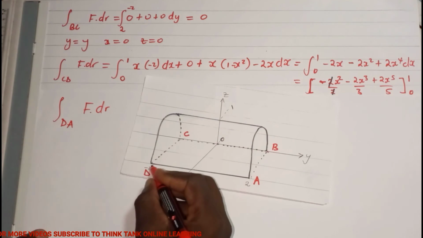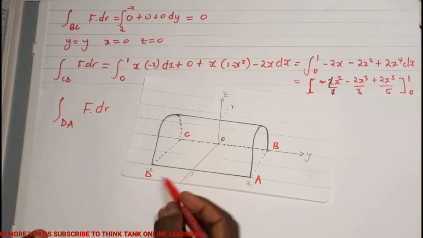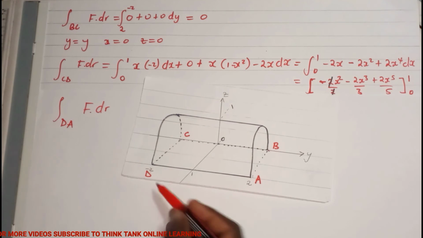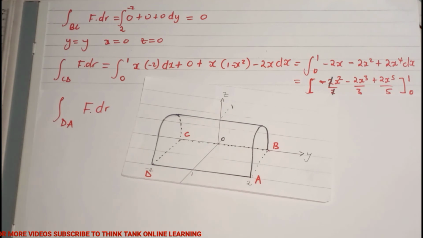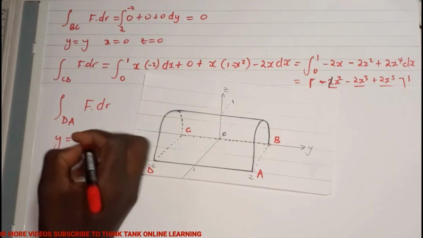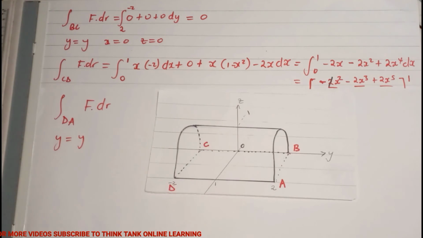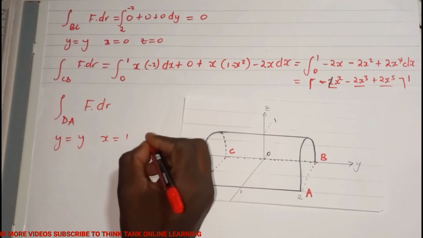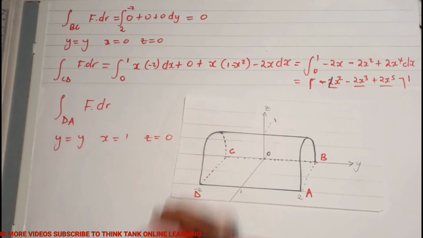Since we write D to A, and this is a line, we know that z is 0 here. What is changing? y is changing from negative 2 to 2. So I'm going to say y is equal to y. What about x? x is just equal to 1, and z is equal to 0.